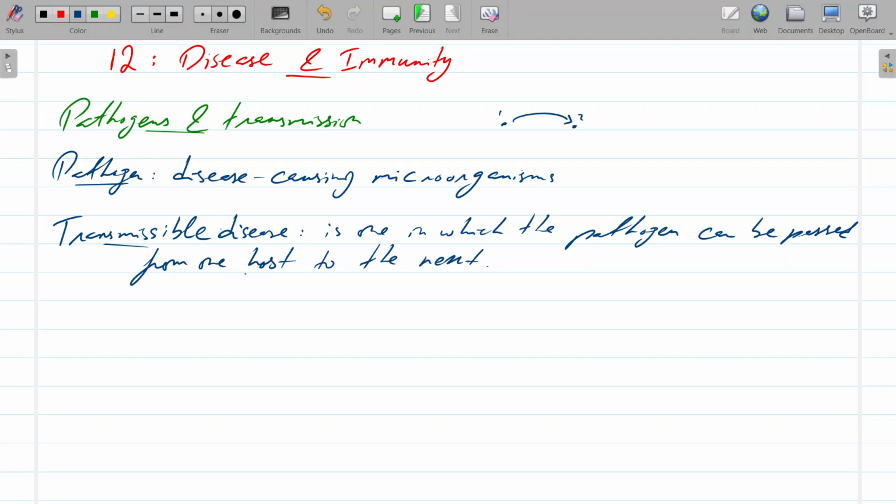The term host is the organism that is infected by the pathogen.